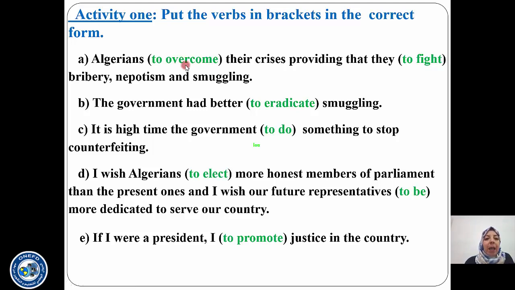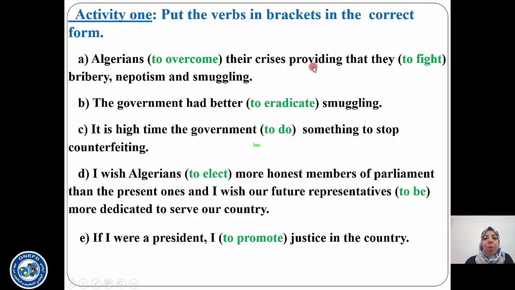Okay, let's take the example of sentence A. Algerians to overcome their crisis, providing that they to fight bribery, nepotism, and smuggling. So the word that can help you here is the conjunction providing that. You all know that providing that expresses a condition.